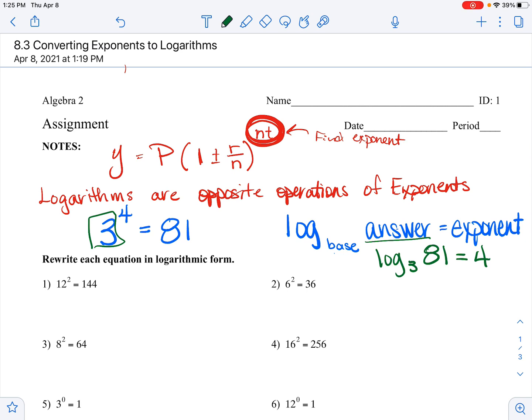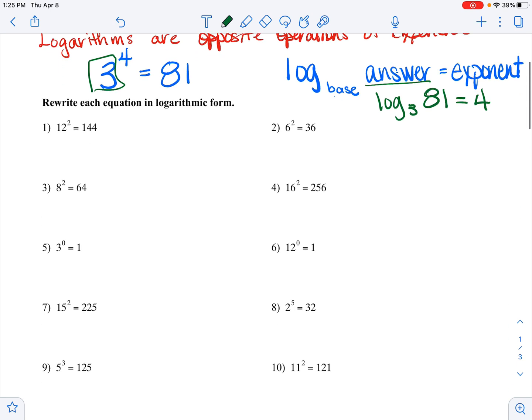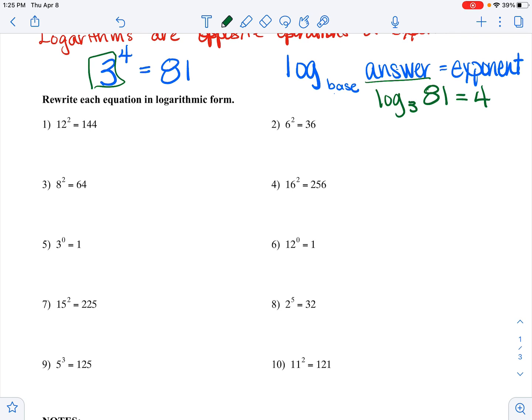Let's look at a couple more. Again, it is going to be the log base, answer, is equal to the exponent. So log base 12 of 144 is equal to 2.